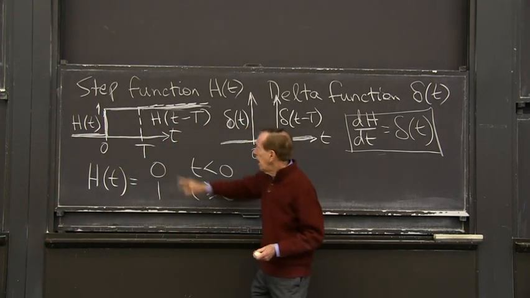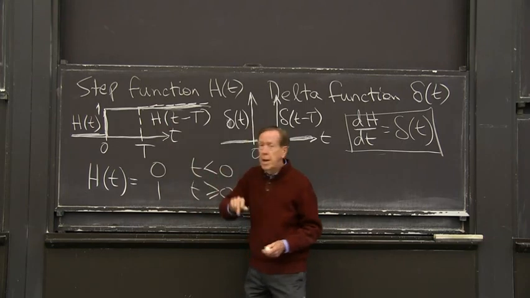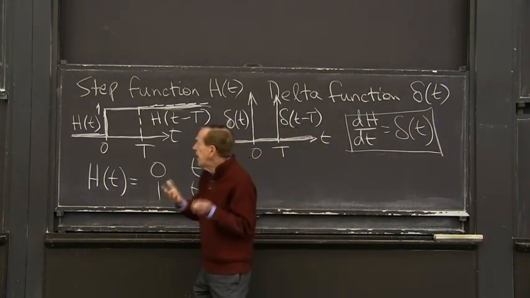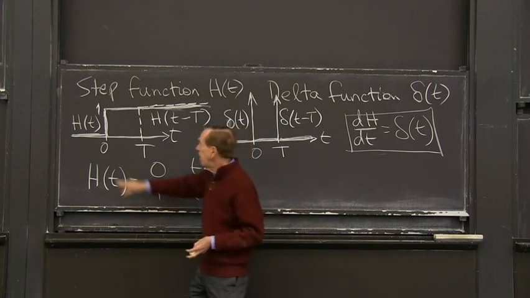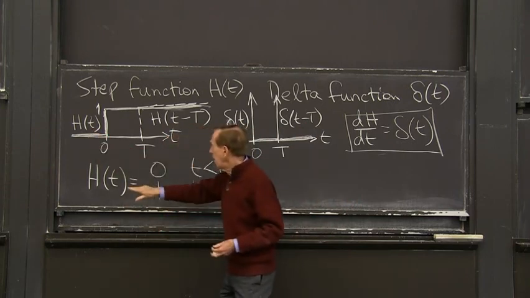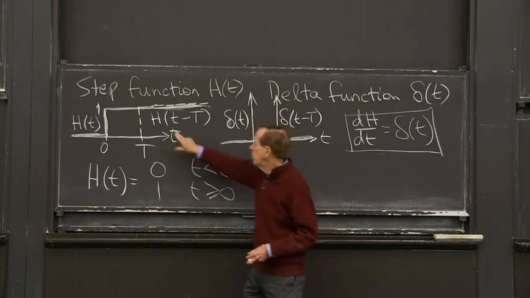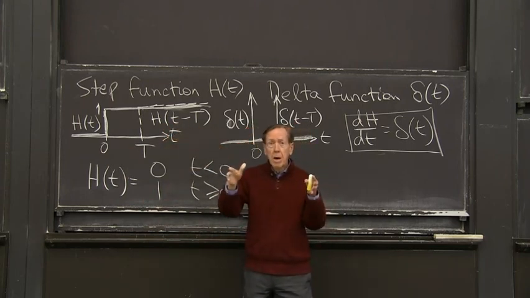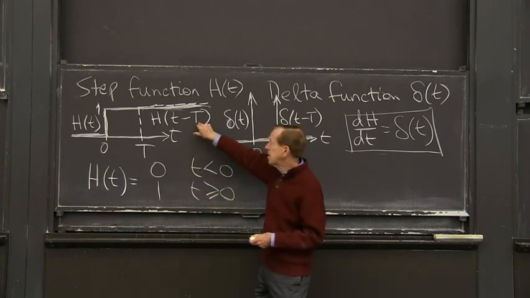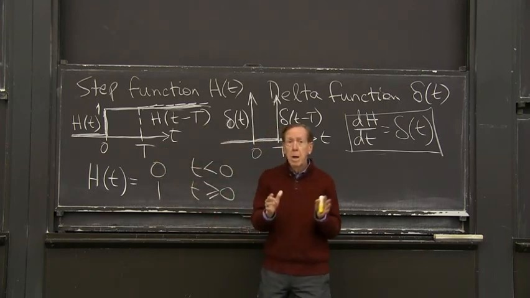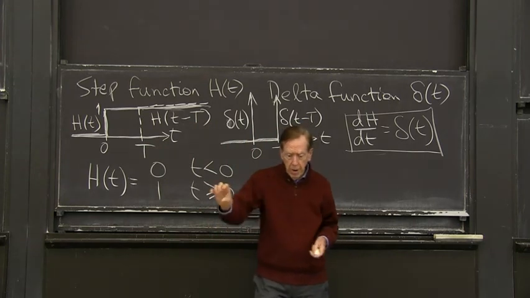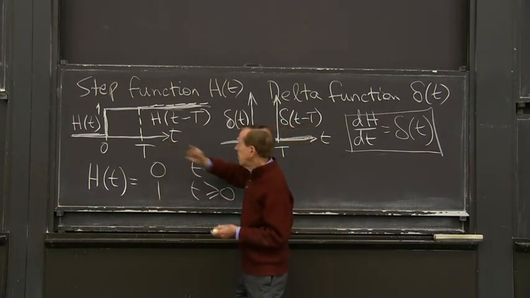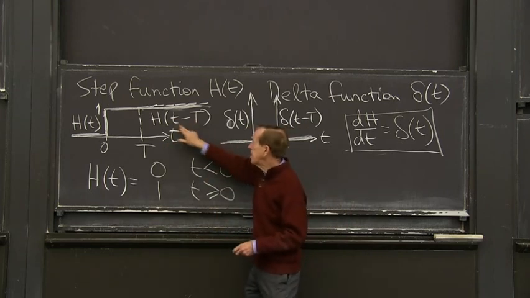And notice, I've also graphed the shifted step function. What happens to any function, including this one, if I change from t, which jumps at 0, to H of t minus T? If I put in t minus some fixed number T as the variable, then the jump happens when this is 0.